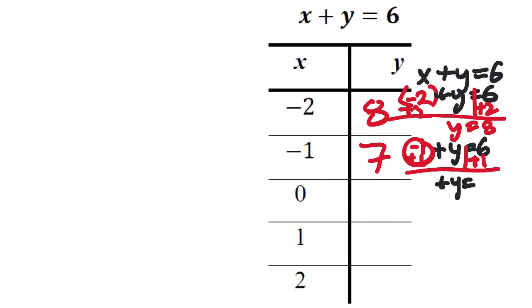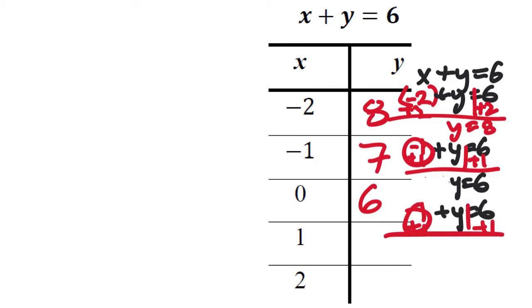So the same thing on the next one, but now the value of x is 0. And I'm just going to make this one a phantom 0. So that shows y equals 6. And on the next one, we got 1 plus y equals 6. So I would subtract 1 from both sides to zero that out.